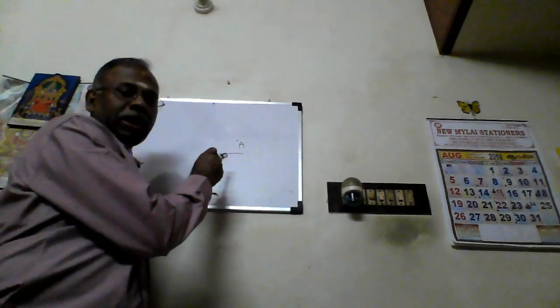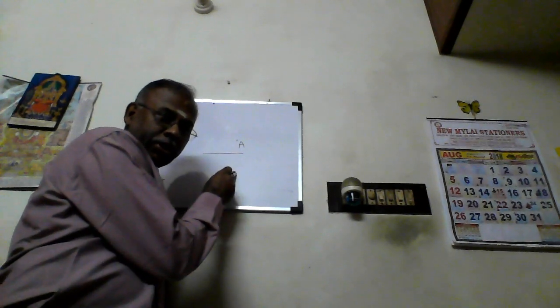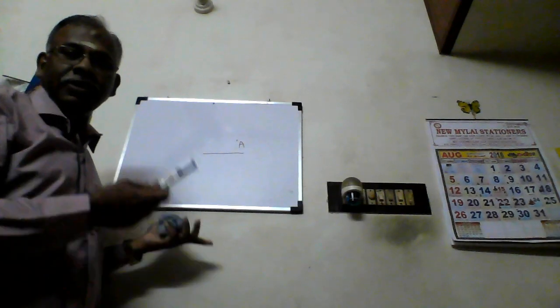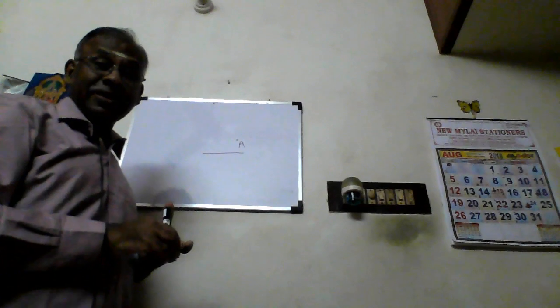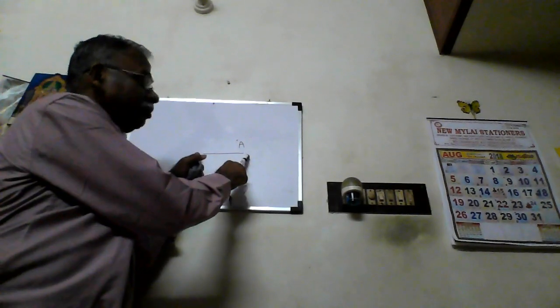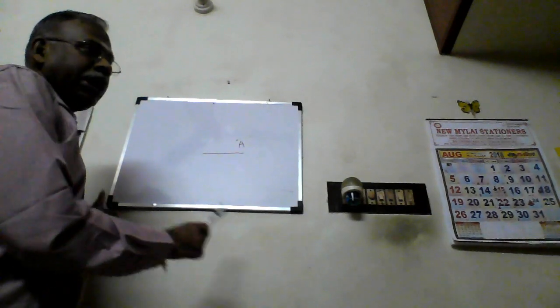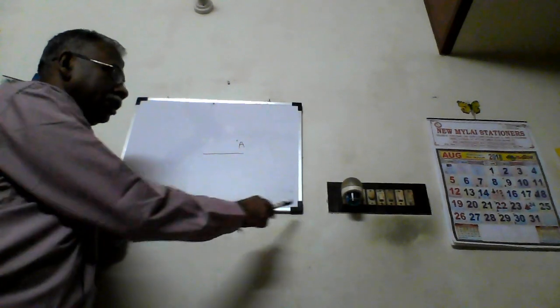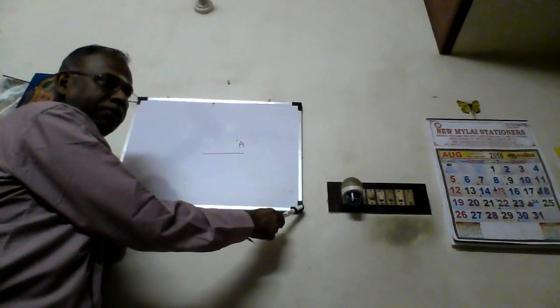Simply, if I'm going to think about a dot put on a plane surface, it's called a point. If I'm going to think about 2 points and join them with a pencil or pen or whatever material you're going to draw there, it's simply a line segment. Line segment will have 2 endpoints, which we can explain with a normal board itself. Joining these two endpoints over here, I get a line segment.